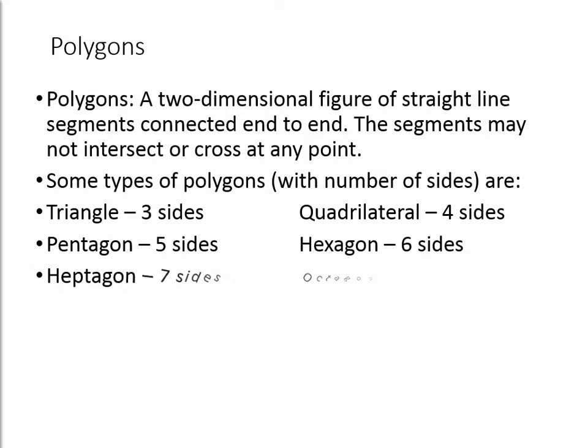Then we're going to get the heptagon, which is 7, and the octagon, which is 8. Hepta comes from, for example, septa, if I change it to an S, which comes from 7.